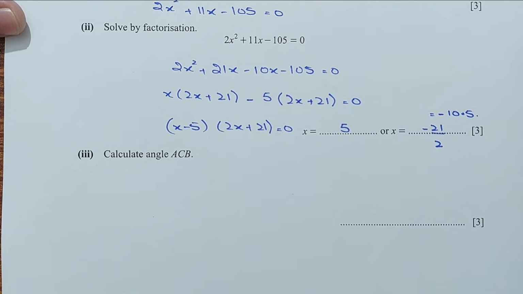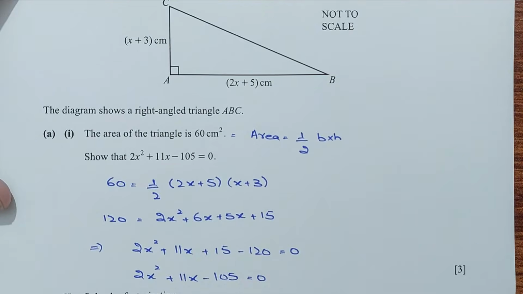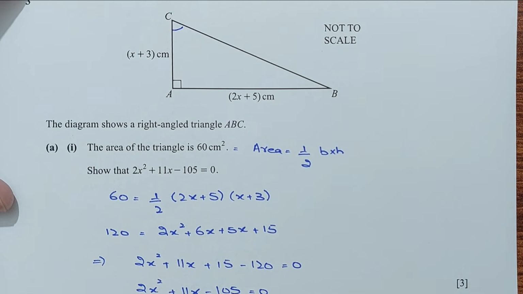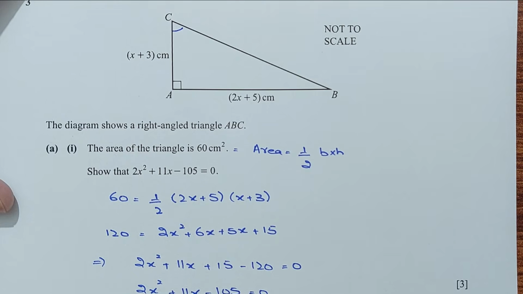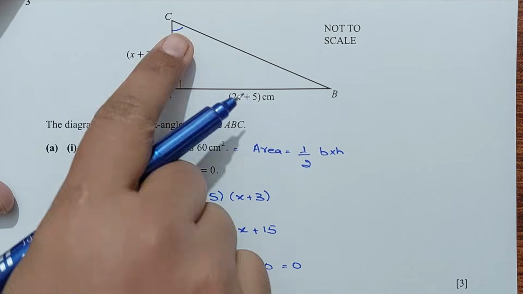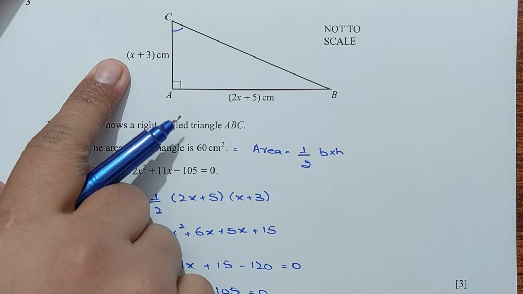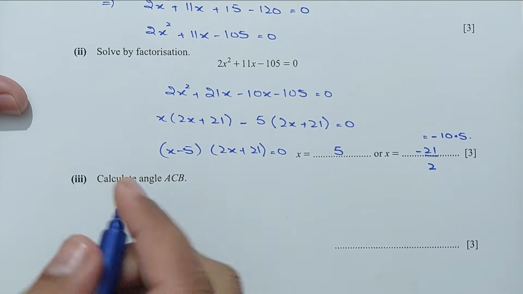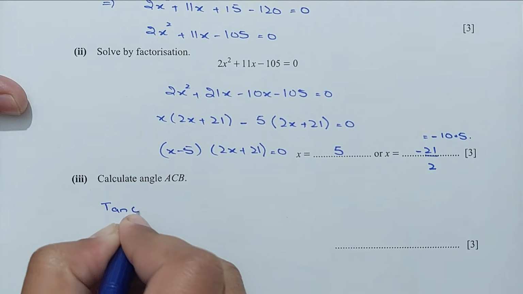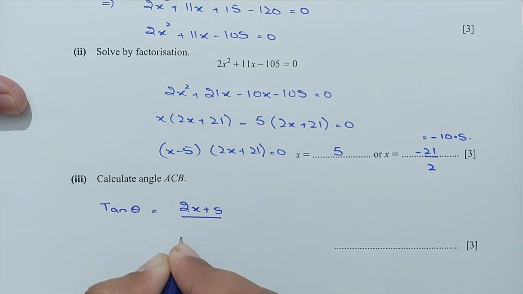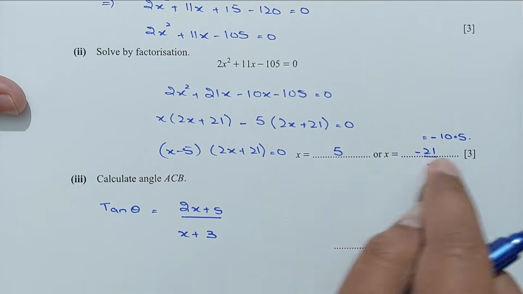Now for the third part, calculate the angle ACB. This angle we have to calculate. It is a right angle triangle, so we have to use the trigonometric ratios. Okay, so the opposite and the adjacent. Let me use the ratio for tangent, right? So tan theta, opposite is 2x plus 5, over adjacent is x plus 3. And we know x is a length, so we have to take it positive, not the negative.